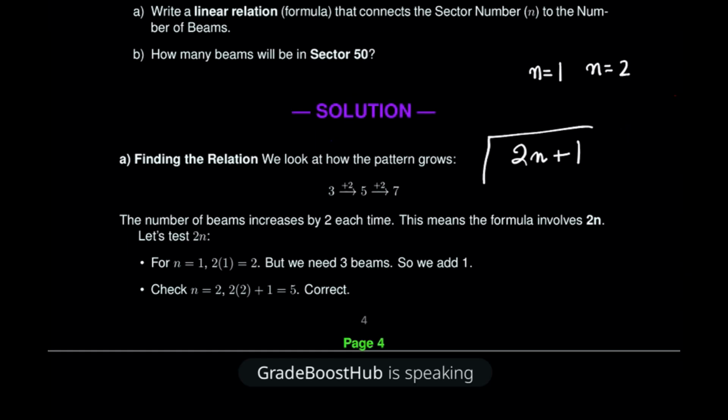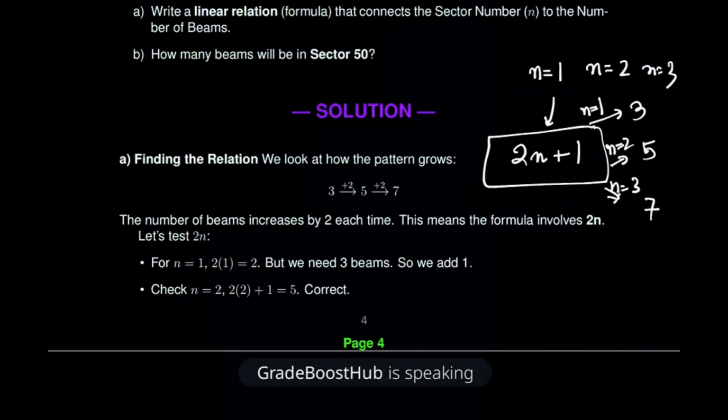Now if you try to put the values of n in this, at n equals 1 it will result as 3. At n equals 2, it will result as 5. And if you put n equals 3, you will get 7.